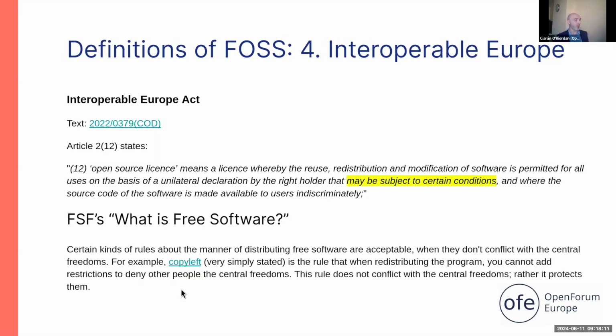So the comparable part of the FSF's definition is that they contain an explanation which says that, for example, a copyleft clause, a clause that says if you redistribute modifications, you have to make the modifications available under the same license, is a type of condition, and it's clarified that this condition is acceptable, and the reason is that this condition does not conflict with the central freedoms that free software is designed to give you.